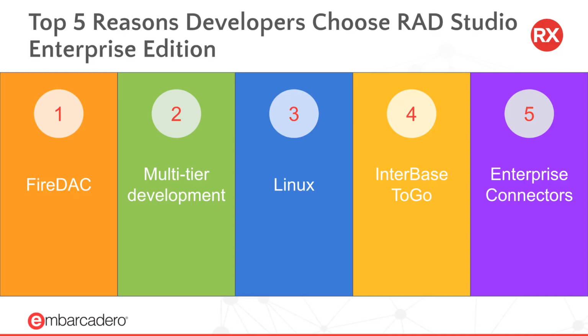So that's pretty much it really for the top 5 reasons developers choose the RAD Studio Enterprise Edition. So to quickly recap, FireDAC obviously provides blazingly fast client-server connectivity, and that then opens up the door to doing access to data off the local machine.